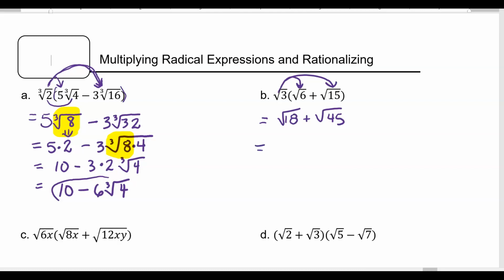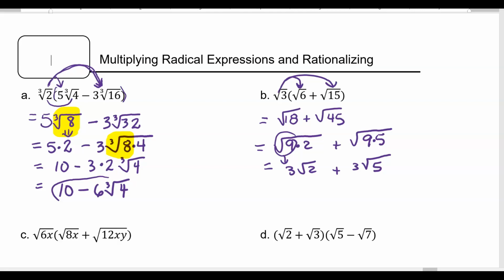Yes, because the square root of 18 contains 9 as a perfect square. 45 also contains 9. So we're going to break it up like so. Now the square root of 9 is 3. It goes on the outside. Similarly with the square root of 9 times 5.